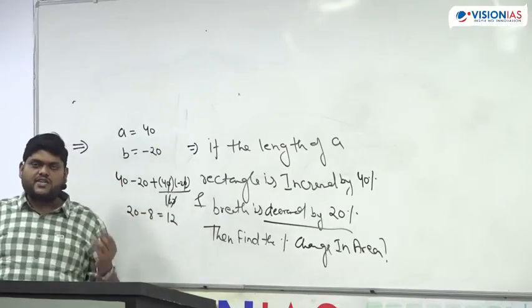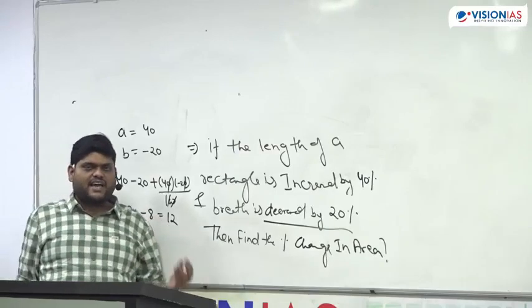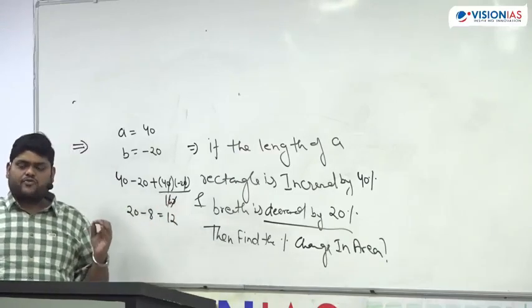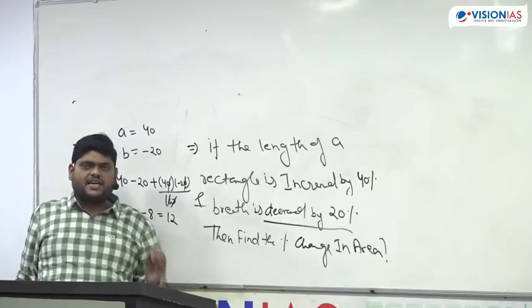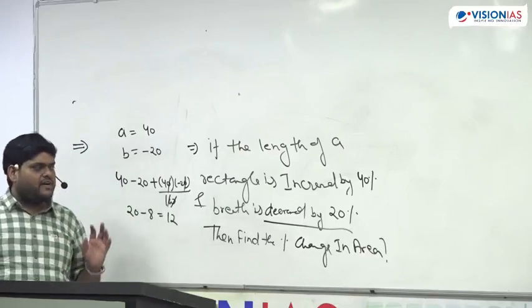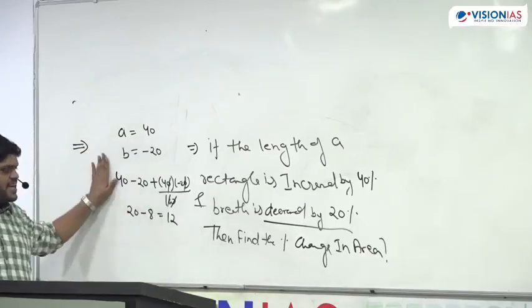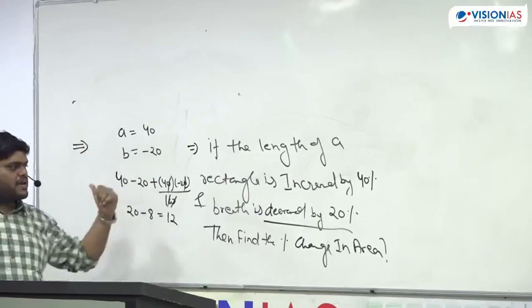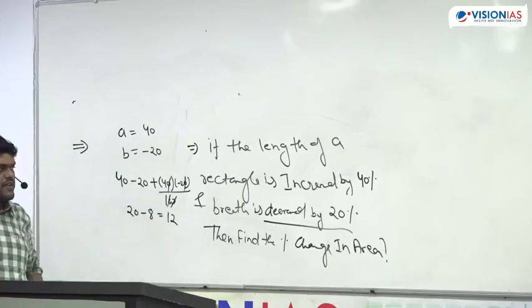So 10% of 140 is 14, 20% is 28. When you subtract 28 from 140, it becomes 112. So what was 100 is now 112. That means there is an increment of 12%. So either you can apply the AB formula or you can take the value as 100 and solve it accordingly.